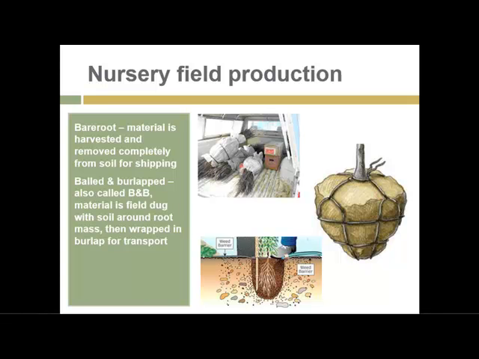Next method, and you've all seen this, is balled and burlapped, B&B for short in the trade, where the material is dug out in the field, usually with a tree spade, and soil is wrapped around the root mass and then wrapped up in burlap for transport and eventual installation.